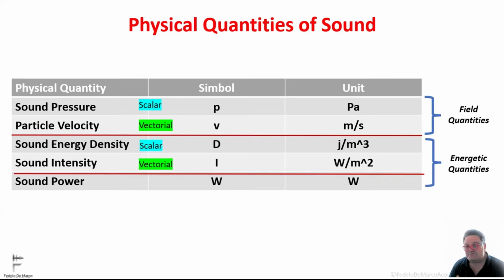In the past, computers were unable to store and process these large numerical quantities, the instantaneous data needed for acoustic measurement of field quantities. So energy quantities were created because averages mean less huge data to manipulate.